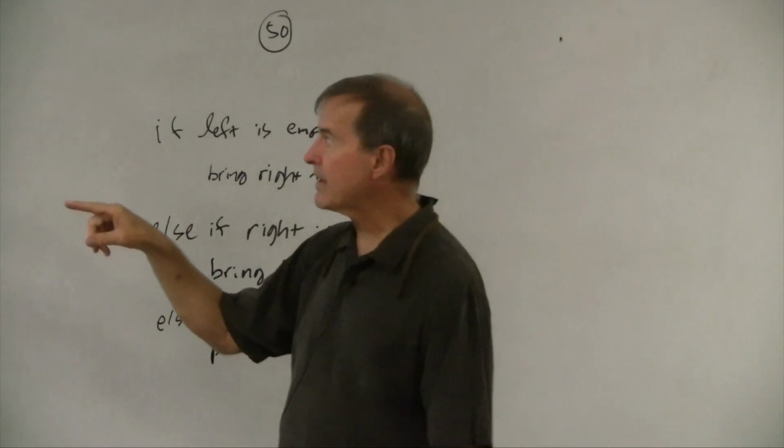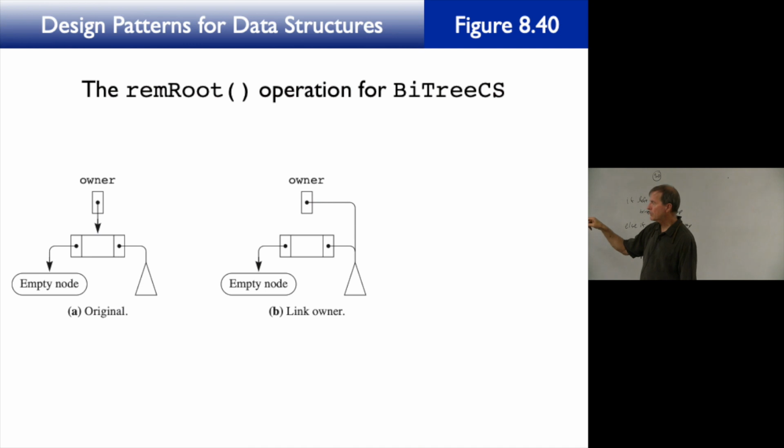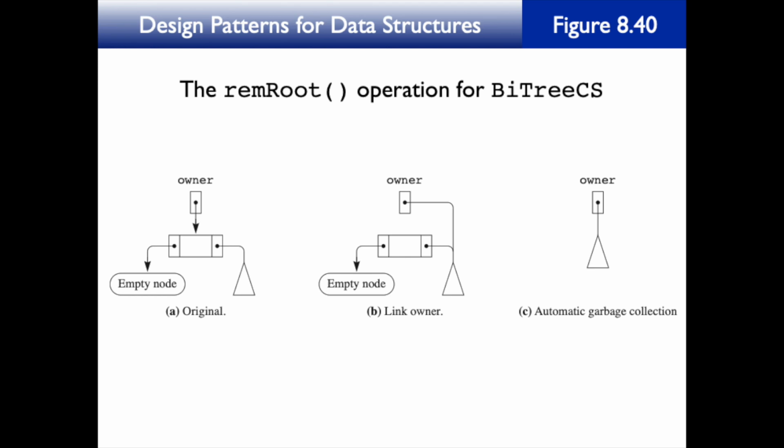Okay, so anyway, getting back to the figure. In figure B, we link the owner, and then the next thing we have to do is nothing. Ha ha. Because we are using shared pointers, and automatic garbage collection takes over again. Because the reference count of that non-empty node comes to 0, and it is automatically garbage collected.